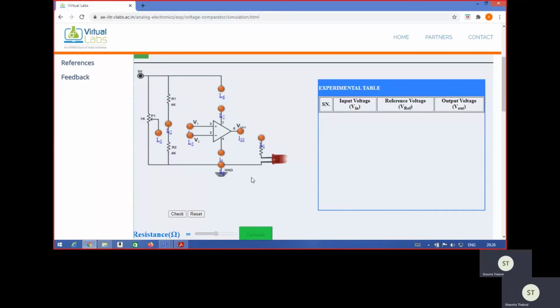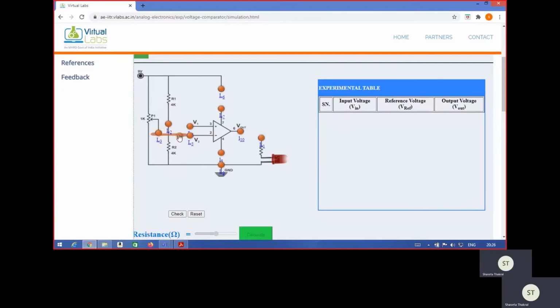First of all, we need to make the connections, and for making connections we need to connect the various nodes here. How are we connecting the various nodes? By clicking on one node and dragging it to another node. The first connection we need to make is between node 3 and node 5.